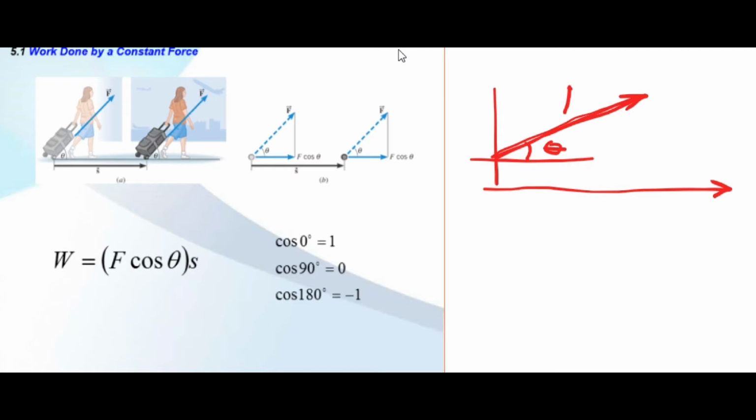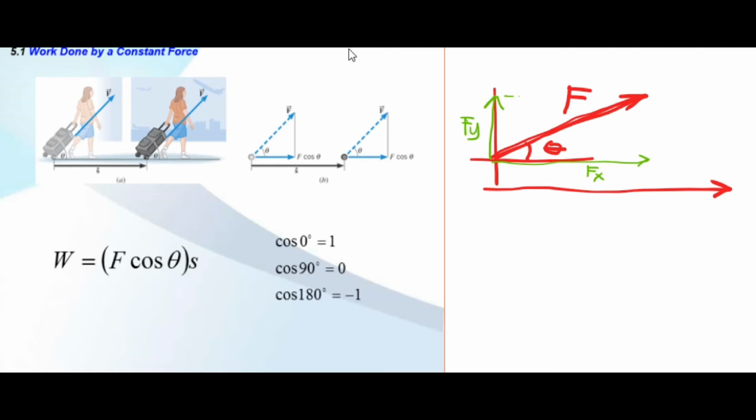If this is the force, let's say force F, the only force causing the work is the force parallel to the motion. Okay, so what is the force? If we break this into its components, it will have a component in this direction, F sub x, and in this direction, F sub y.